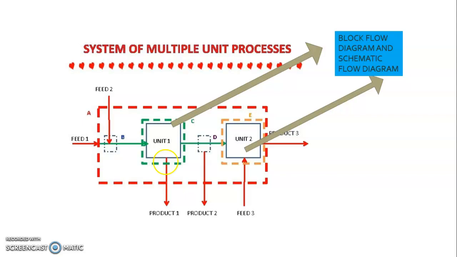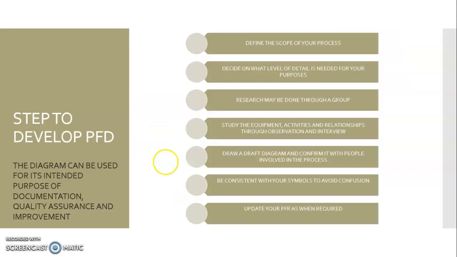Under this one we detail what is under unit 1, or let's say you have a different area or department. So for each unit you should come up with a block flow diagram. Okay, so this is a step to develop the PFD. This will be used for the process design. Okay, I think I will continue.